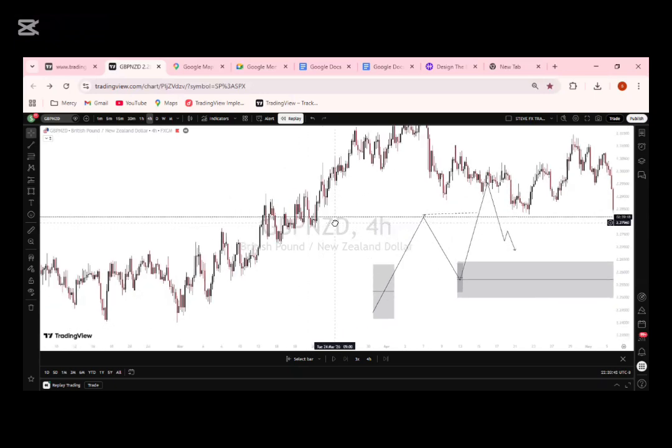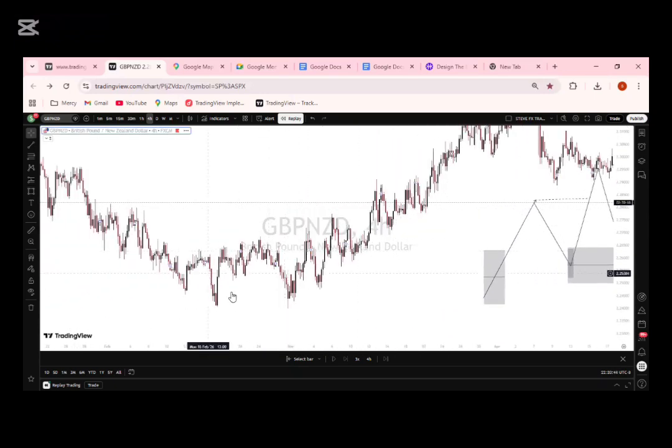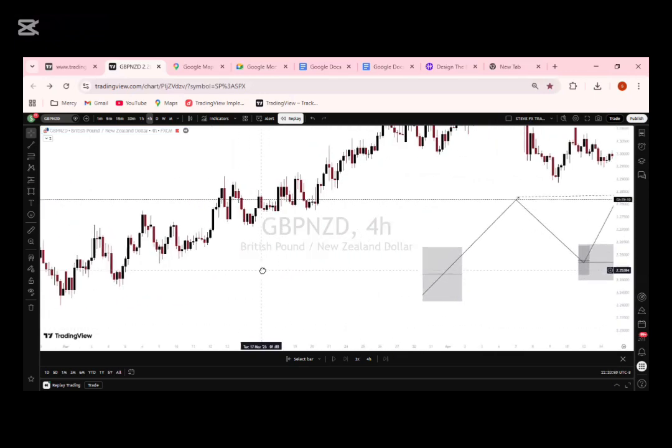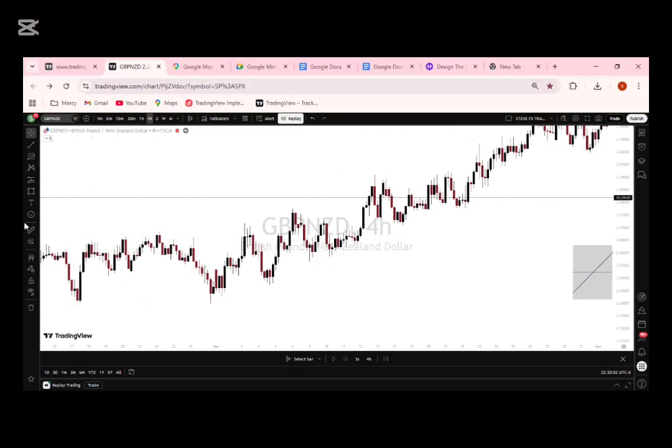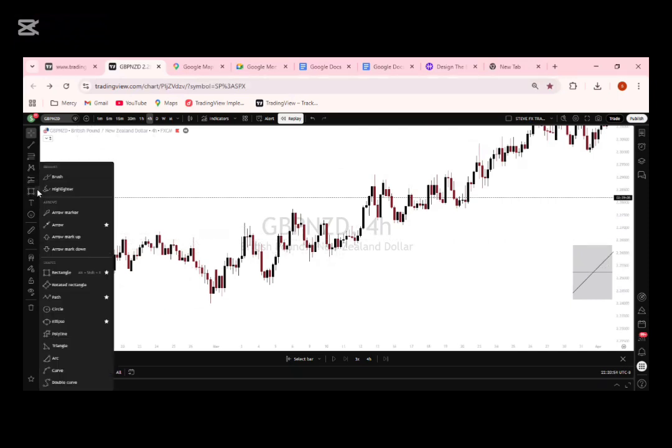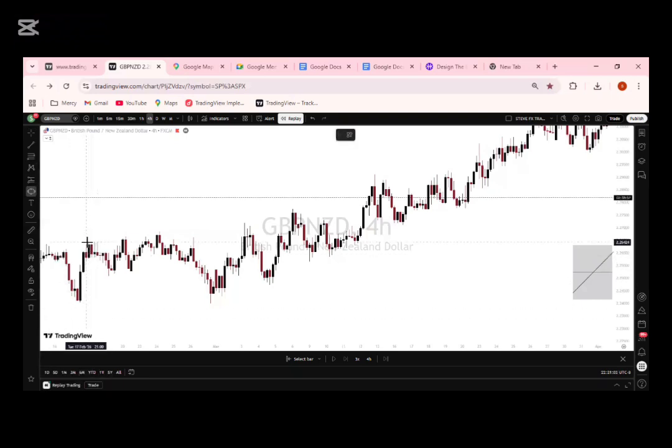So first of all, let's go onto the market and see if we can spot any form of expansion move. If we are looking out for expansions in the market, here we can see an expansion, a bullish move.